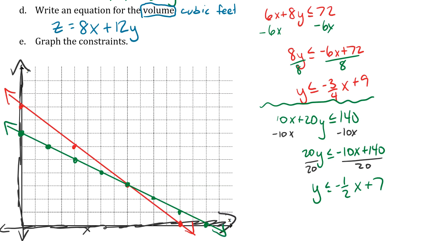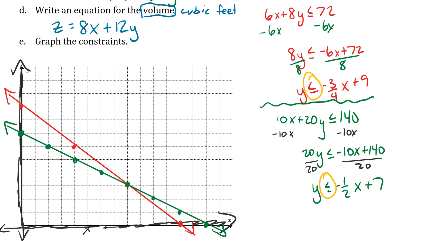All right. So there's still one thing we need to do for this though. We need to shade. In order to shade, we have to look at the inequality symbols. In this case, it's a little bit easier because both of them are less than or equal to.